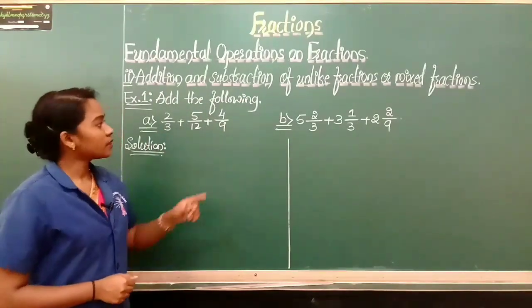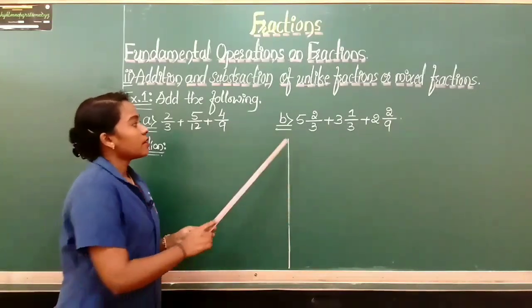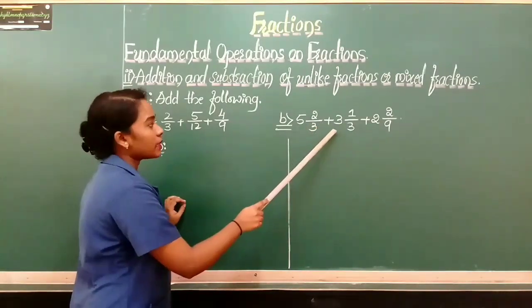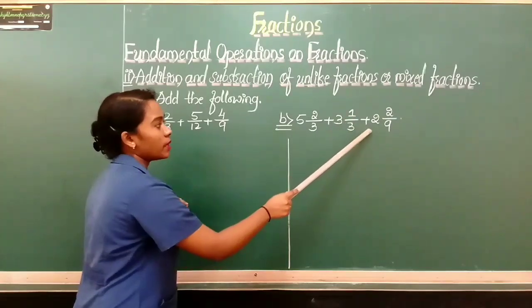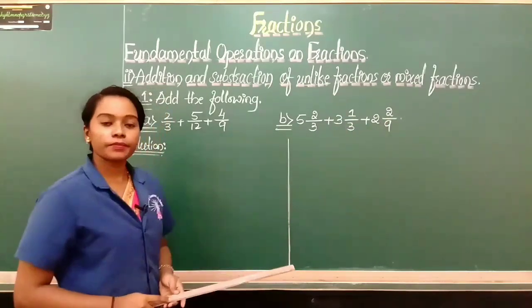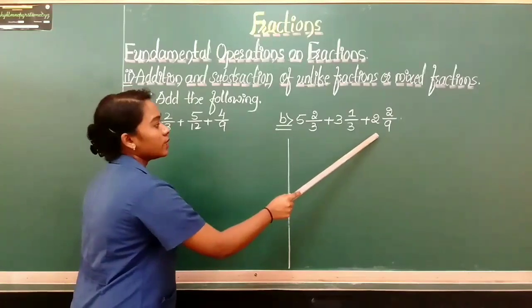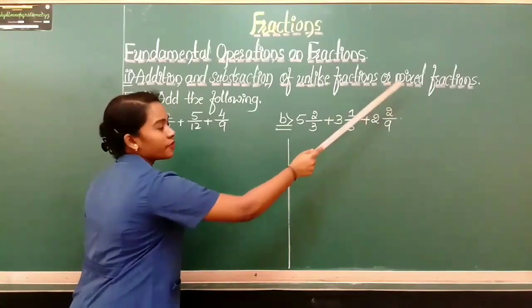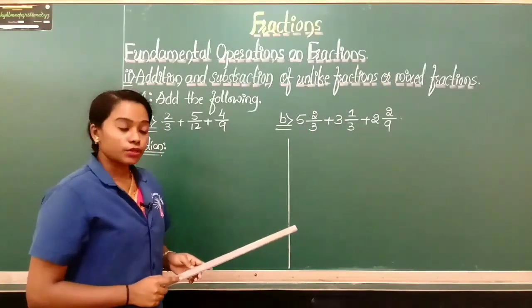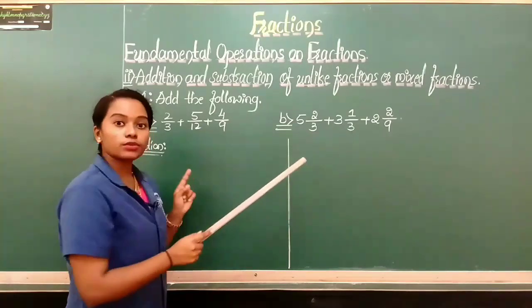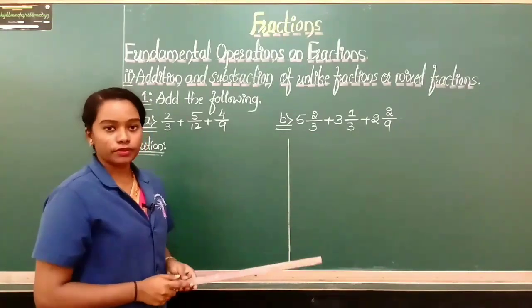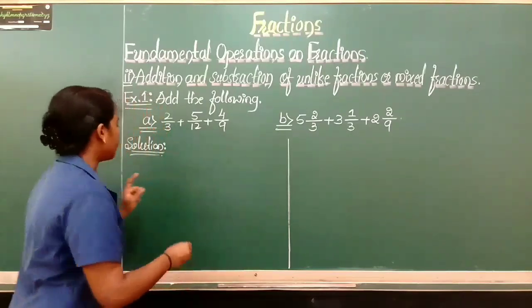Let's solve the second problem. 5 2 by 3 plus 3 1 by 3 plus 2 2 by 9. See here students, these are mixed fractions. To add them, first we have to convert them into improper fractions. Let's convert them first.